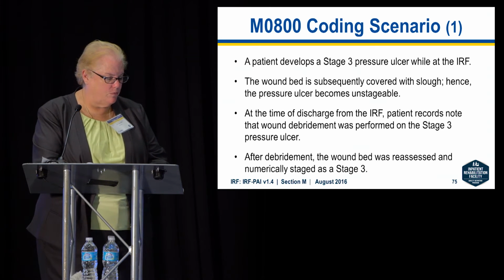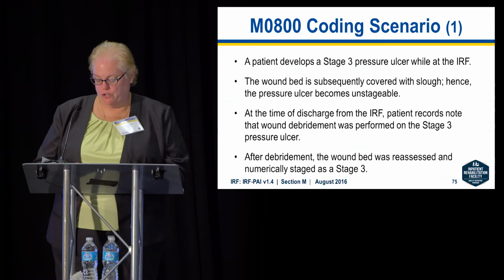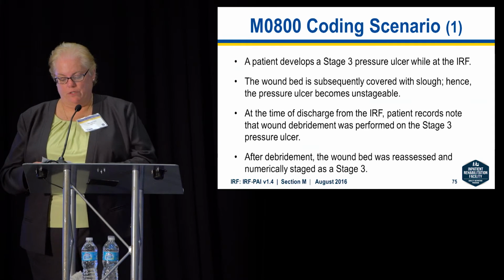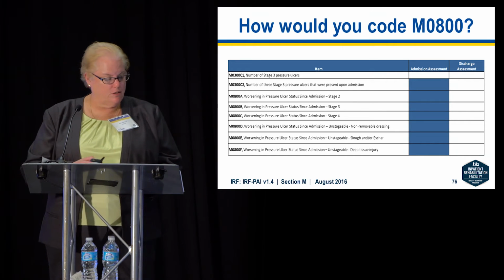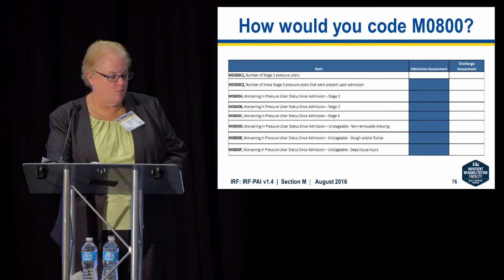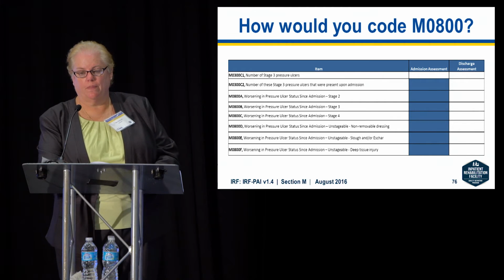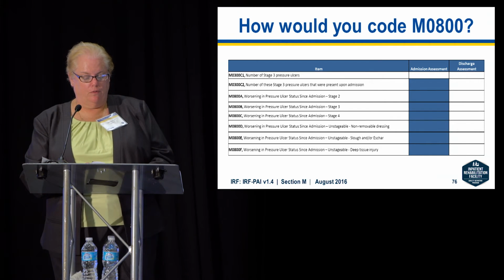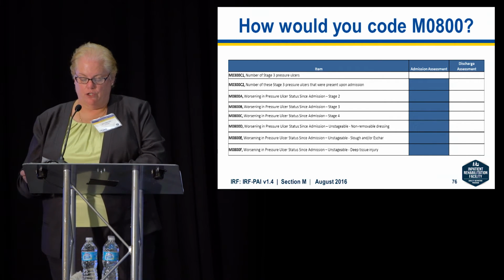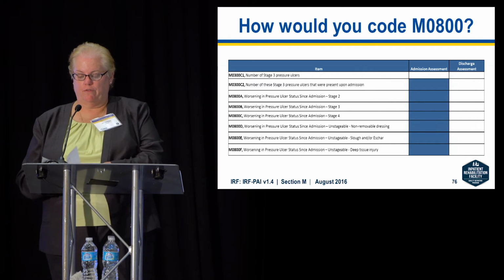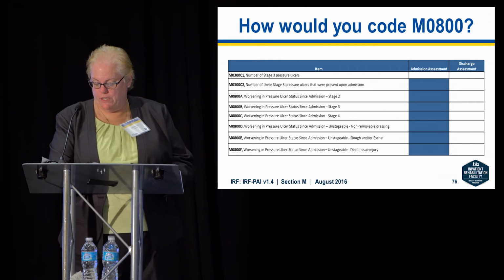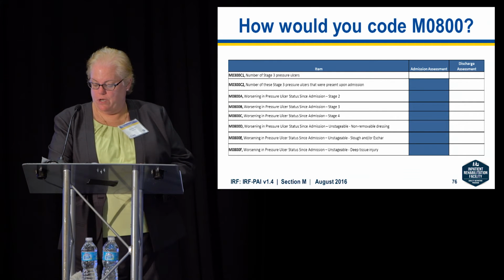After debridement, the wound bed is reassessed numerically at a stage 3. So in that scenario, the patient developed a stage 3 pressure ulcer while at the IRF. So, the number of stage 3 pressure ulcers at admission.